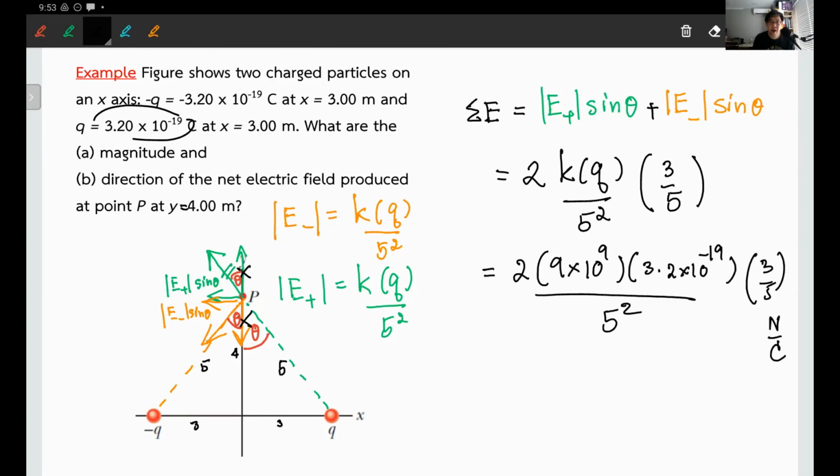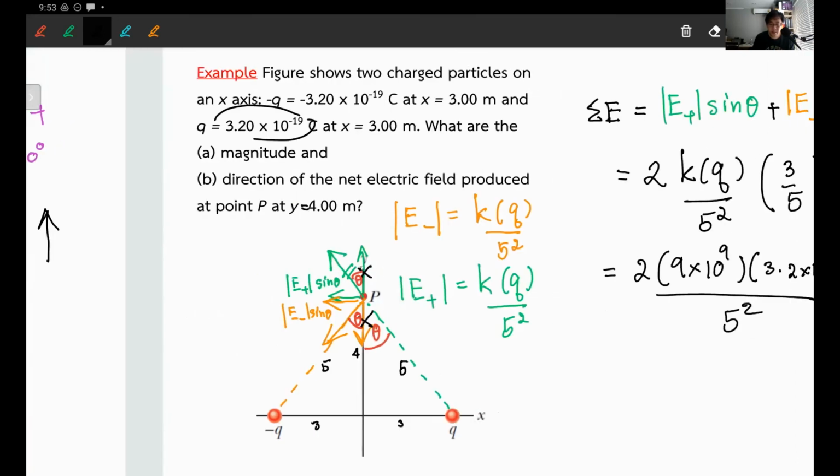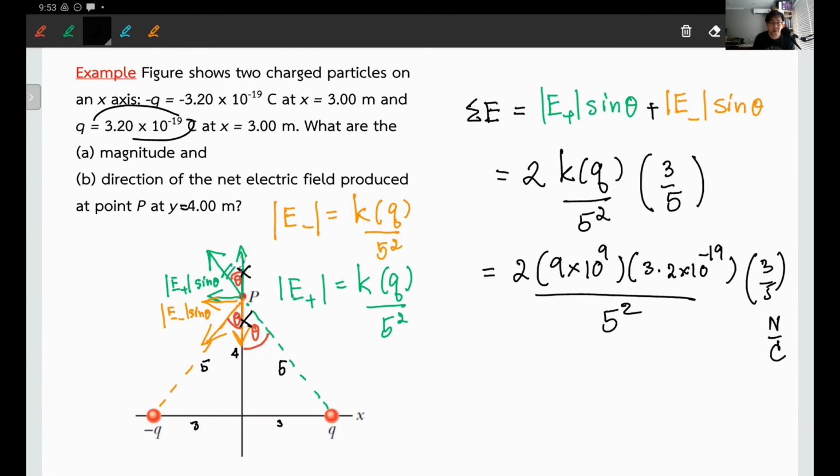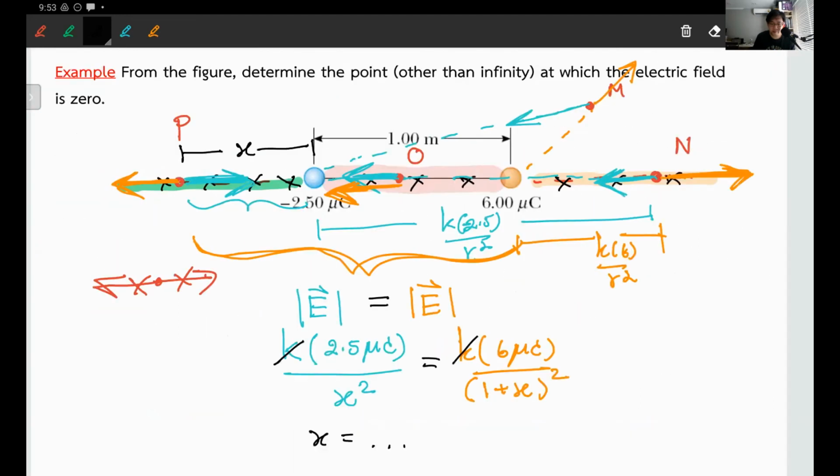So once we arrive at these problems, we have done quite a few. You notice something here? Every time I try to calculate the magnitude of the field using KQ over R squared, I don't substitute the negative sign into this expression anymore. Let me emphasize what I'm talking about.